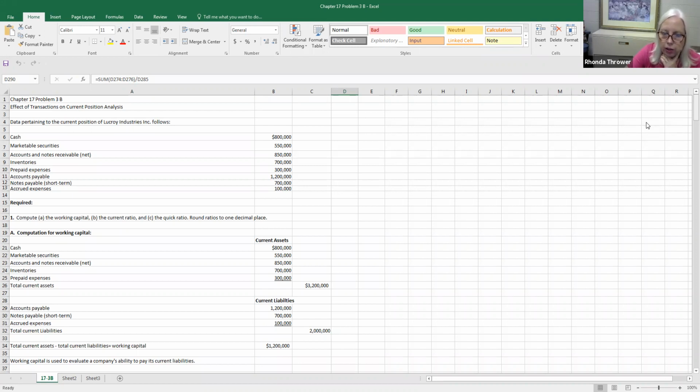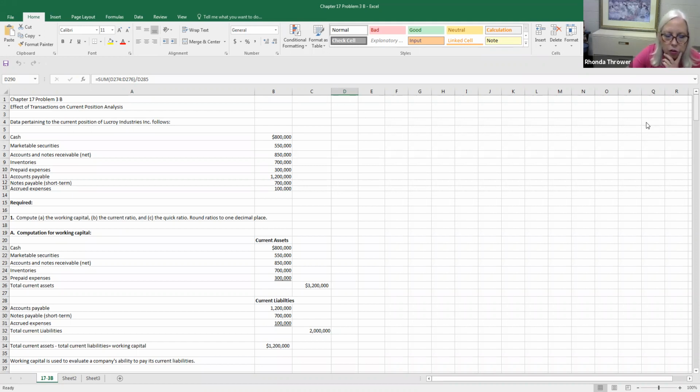Your current ratio would have changed because your current assets are now 2,912,500. You'll simply divide the 2,912,500 by your current liabilities of 1,712,500, and that would give you the new current ratio amount.